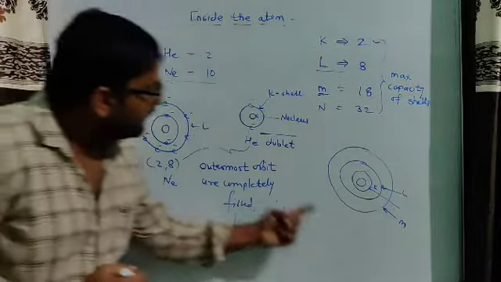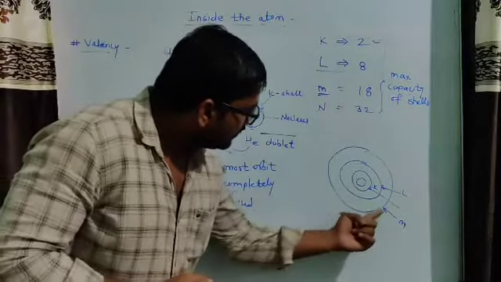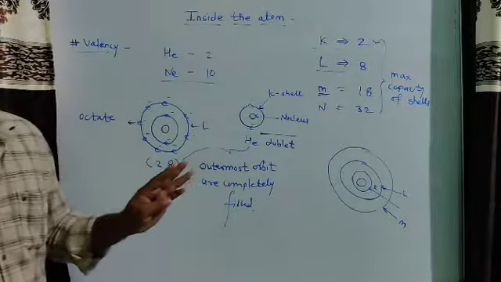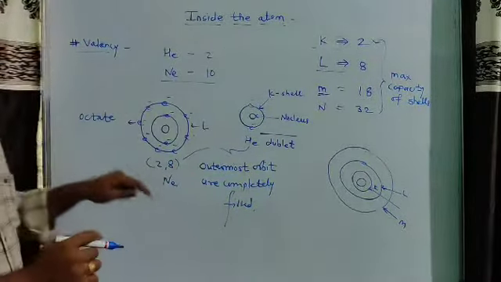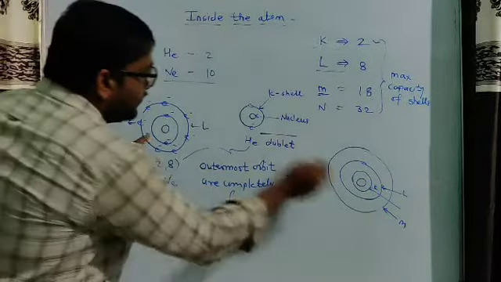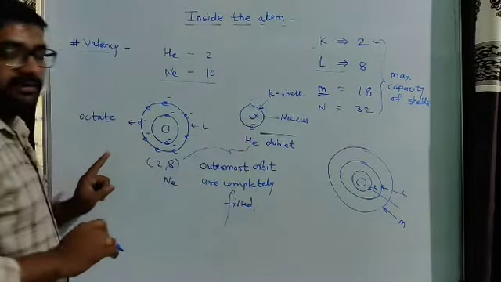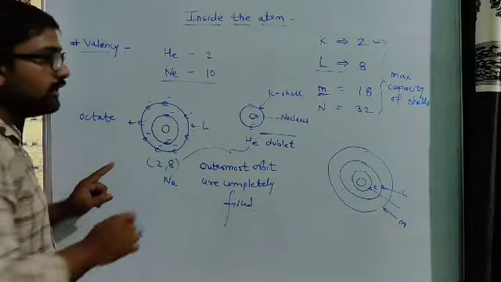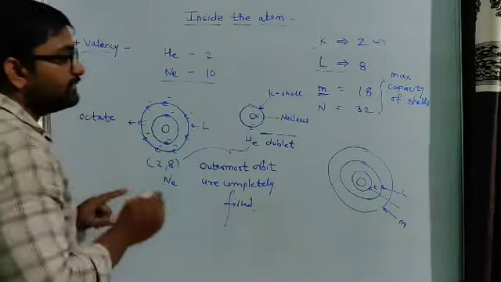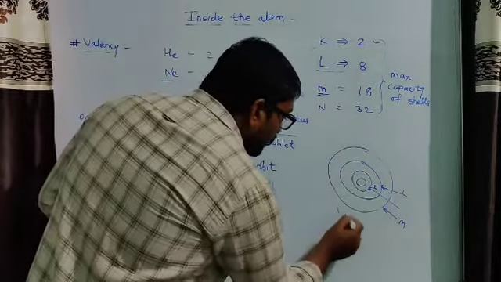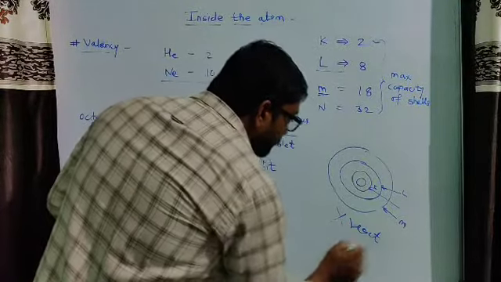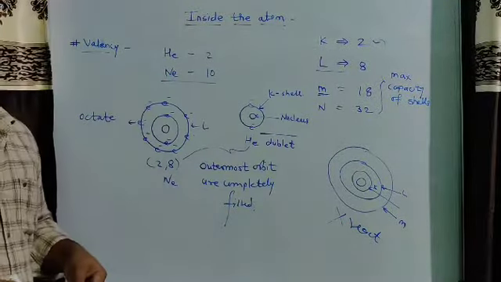Okay, if 18 electrons are present in the M shell of an element, then again the properties of that element are like these two gases. This element will not react with any other element.